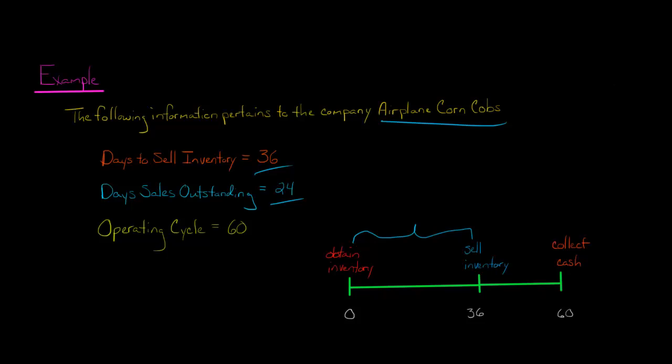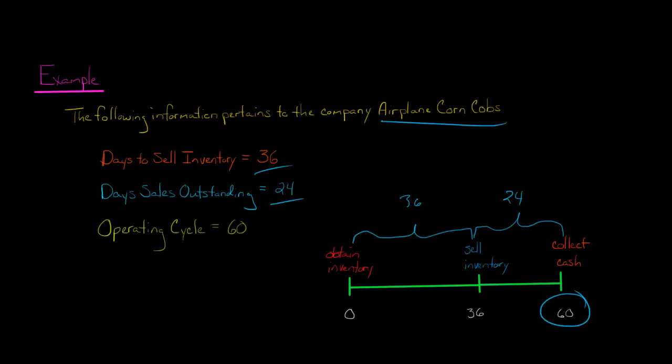Then they've actually sold the inventory, but they might have sold it on credit, so they don't have cash immediately. So there's time before they actually go and collect the cash. That's what days sales outstanding is. Sometimes you'll hear people call it the average collection period. So that's 24. So then it's 60 days.